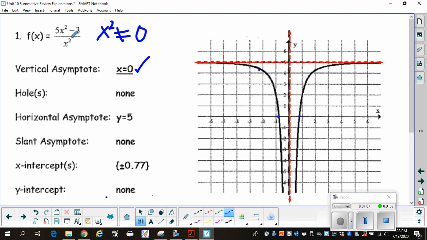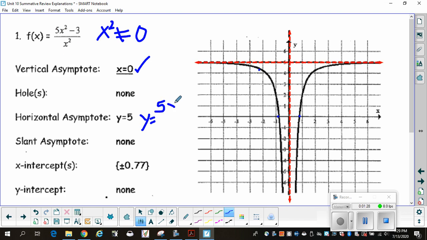Now, notice that I can't cancel anything. This x squared does not cancel with this x squared. So we're good there. That means there's no holes. Nothing cancels. Horizontal asymptote. I'm going to do y equals the lead coefficient over lead coefficient as long as they are the same.